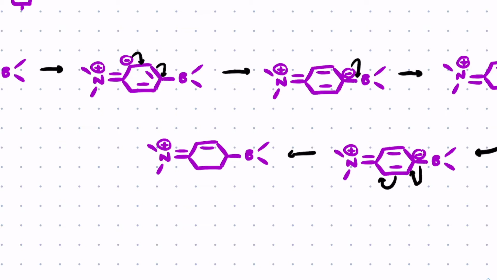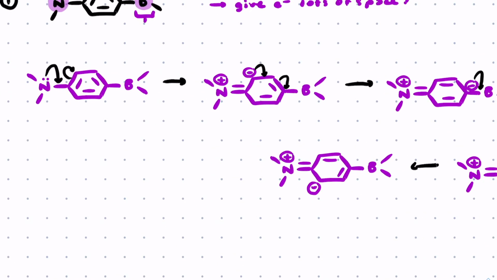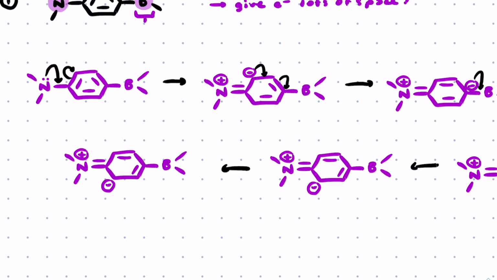I keep forgetting to switch colors. So we could have this, and then the last possible resonance structure will end up being something that just has all of the pi bonds in the benzene rotated around, because we have sort of come full circle here. So you can see that once I do this arrow pushing, we're going to push this lone pair over here, and then donate electrons back onto the nitrogen to relieve that positive formal charge.